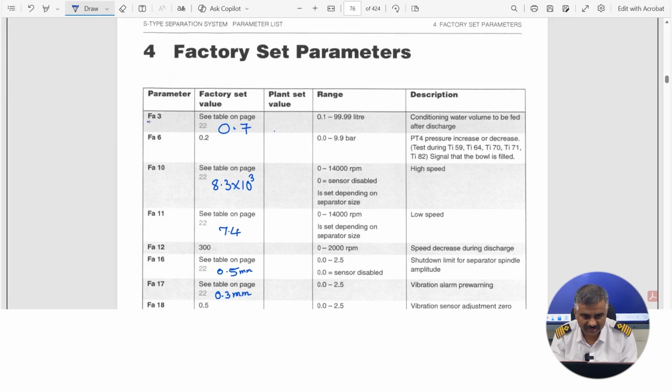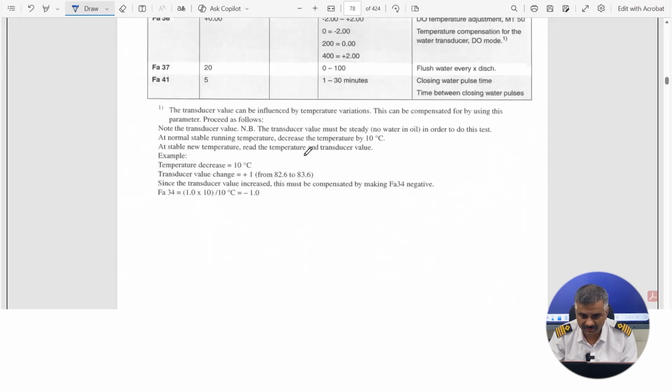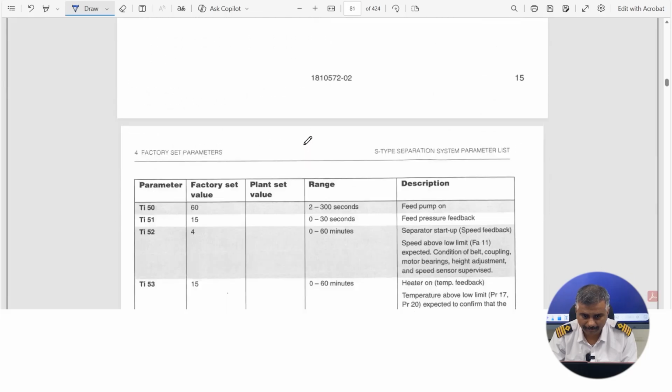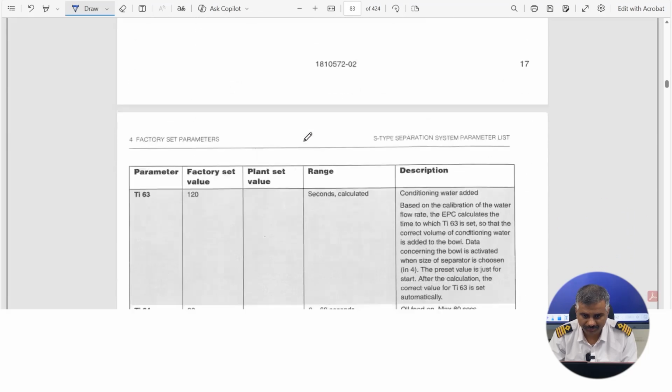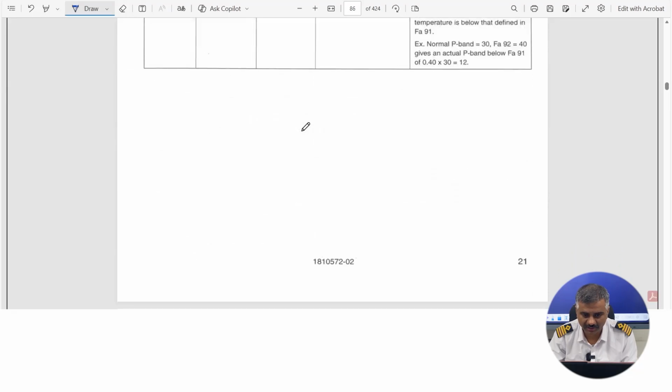Here is the first factory setting, which is about the conditioning water volume to be fed after discharge. Depending on the purifier model, it is asking you to see the table on page 22. Let me show you the table, because time and again it will ask us to refer to the table on page 22.